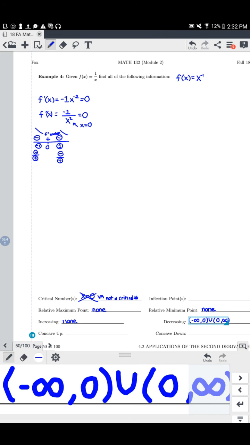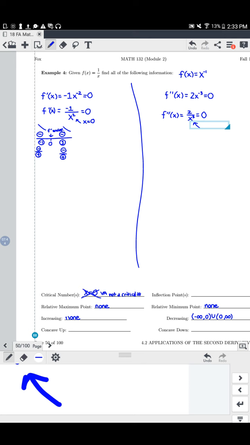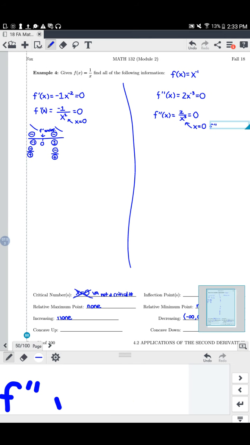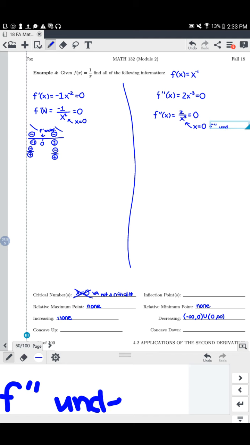A point of inflection is going to happen wherever we can make the second derivative 0 or undefined. In this case, we're going to make the denominator 0 by making x equal 0. So I actually made f double prime undefined because I made the denominator 0, which is fine. That's still a possible point of inflection.